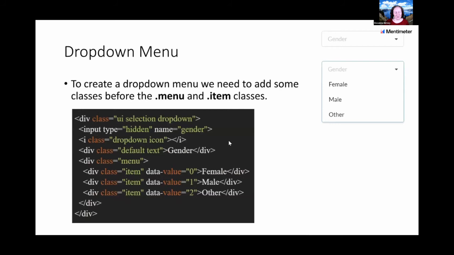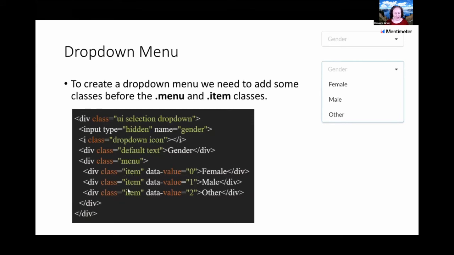Okay, so this is an example of a simple enough drop-down menu. So we need to add some classes before the menu and item classes. You can see within our drop-down here, we have a fairly basic menu. So we have div class equals menu and items in it just the same as normal.